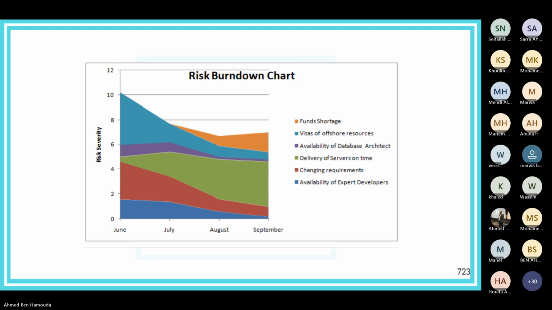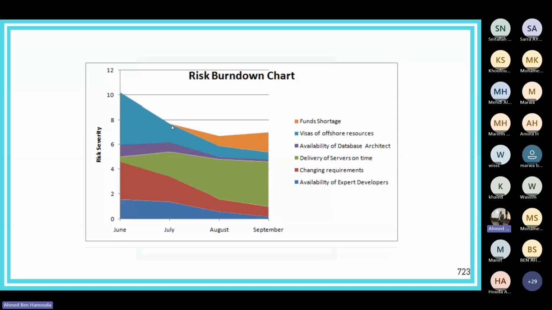Okay, all right. And then this risk of having the requirements changing. Now the customer is becoming clearer about their needs, and we now understand the situation better. And the same goes with the other risk of not finding an expert developer.